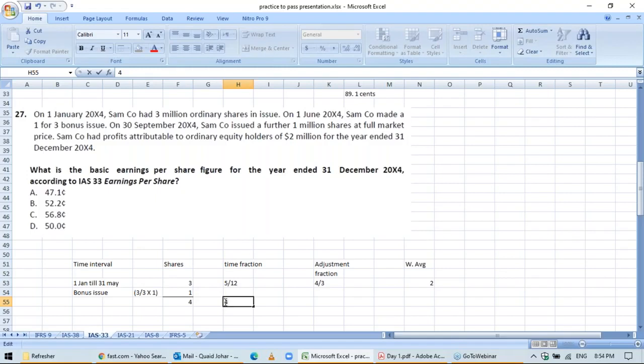So these remained outstanding for 4 months. No adjustment fractions. After the bonus shares have been issued, after 1st June, there will be no adjustment fractions. Then full price issue.